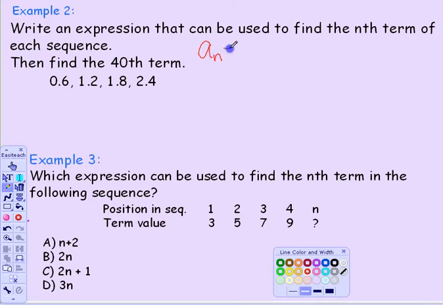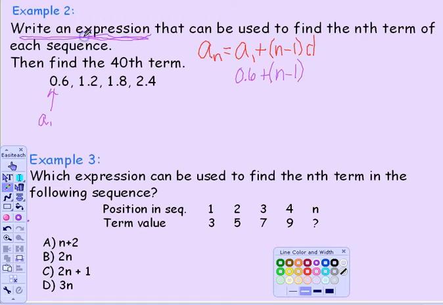Remember I said a sub n equals a sub 1 plus n minus 1 times d. That's our general equation. We're going to put in the numbers that we know. We know the first term. Here's our a sub 1. So where it says a sub 1, I'm going to put in a 0.6. I'm going to leave the n as an n because we want to find the expression.